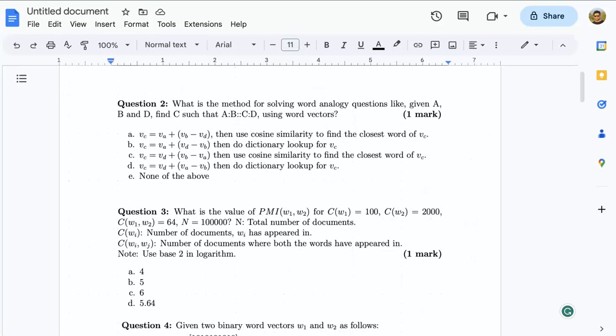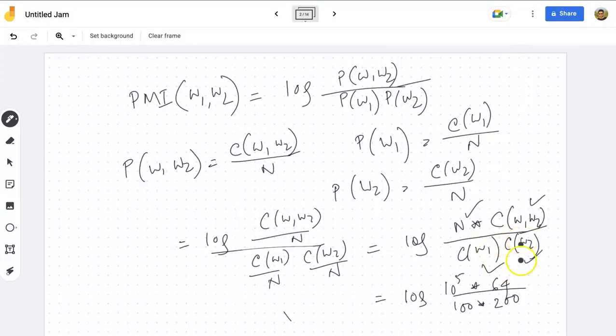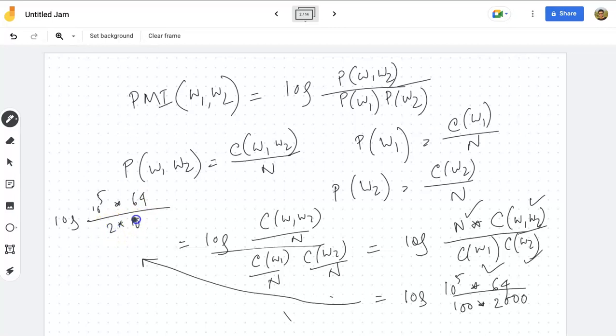Oh, 2000, sorry. So it will be log of 10 to the power 5 into 64, over 100 into 2000, which is 2 into 10 to the power 5. The 10 to the power 5 cancels, so it will be log of 32.